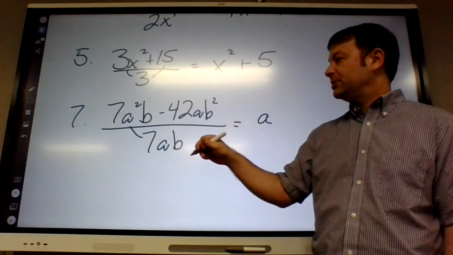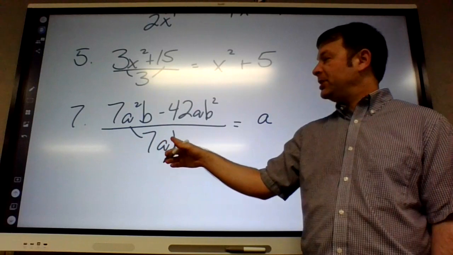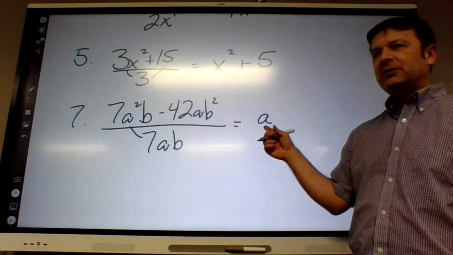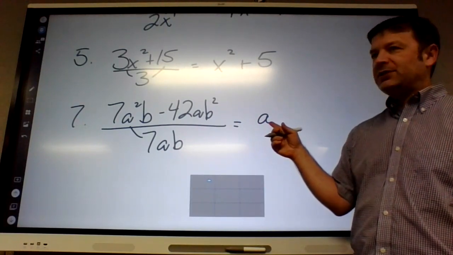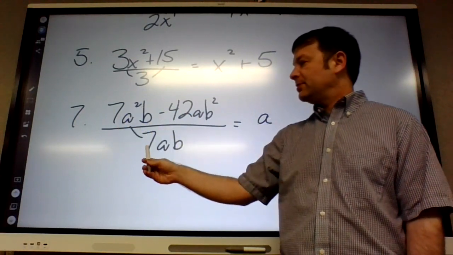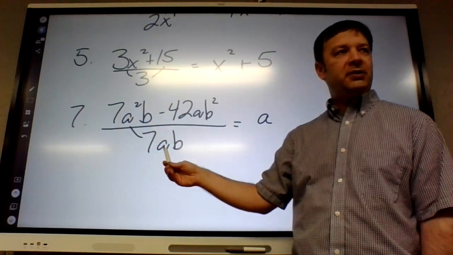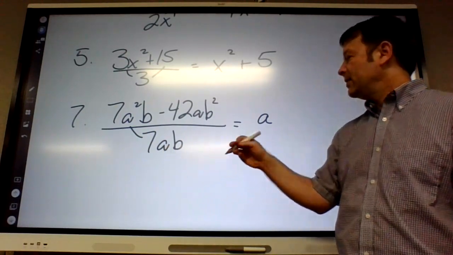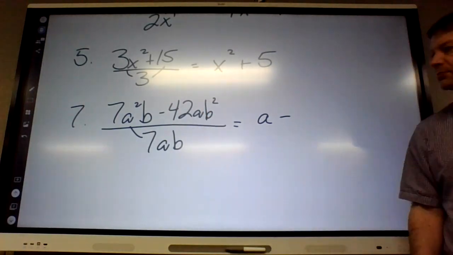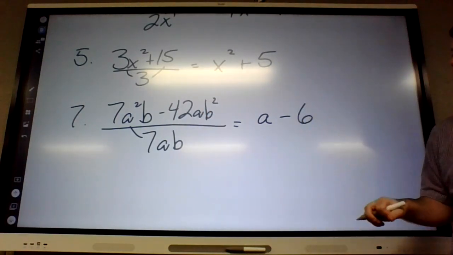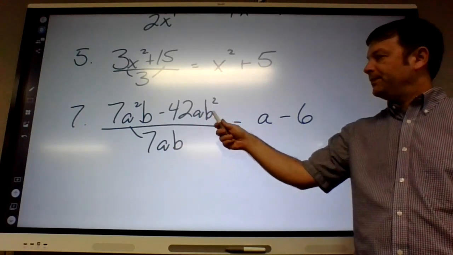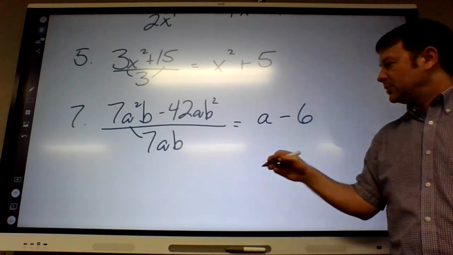It cancels out. So b divided by b is 1, 7 divided by 7 is 1, but 1 times a is just a. So the 1's just kind of disappear. So the b's will cancel out and the 7's will cancel out. But there is one a. Got it? Okay. And then there's a minus. Then what? Would the a's cancel out? Yep. And then it would just be b.